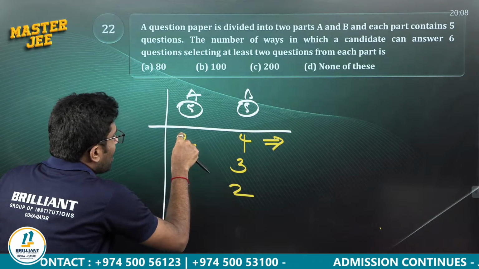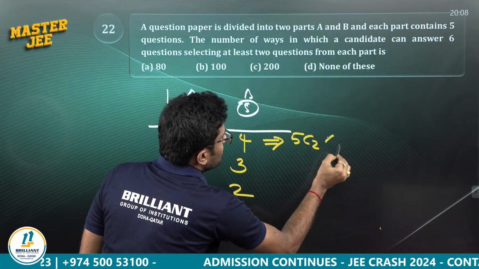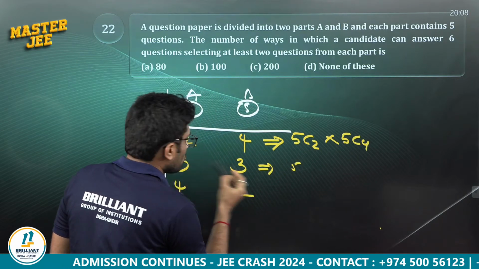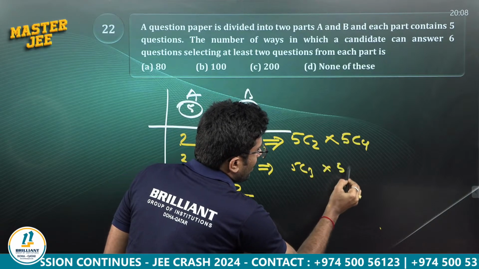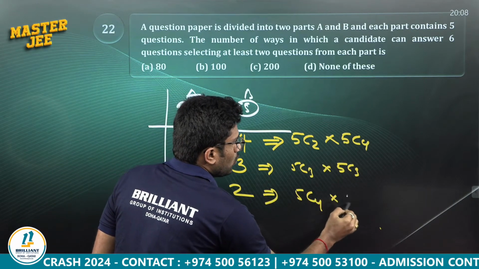Answering 2 questions out of 5 can be done in 5C2 into 5C4 ways. The next will be 5C3 into 5C3, and the last will be 5C4 into 5C2.